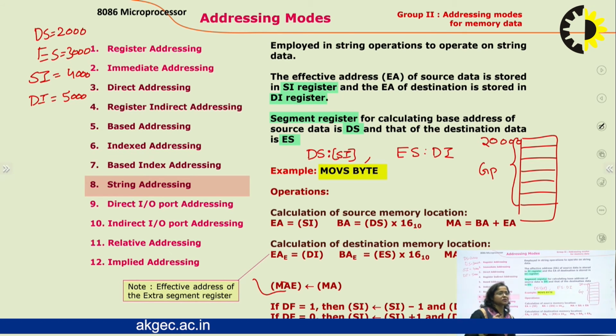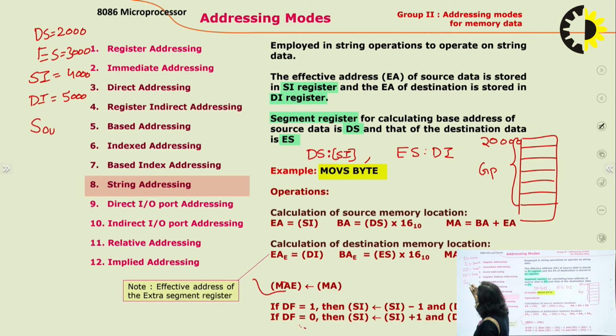We are taking just an example to show you how the next address will be calculated. So first of all, what will be the starting address of the source string? Hope everybody is clear. Data segment into 10 plus source index. So 2000 into 10, that is 20,000, plus 4,000, that is 24,000. This will be the starting address of the source string.